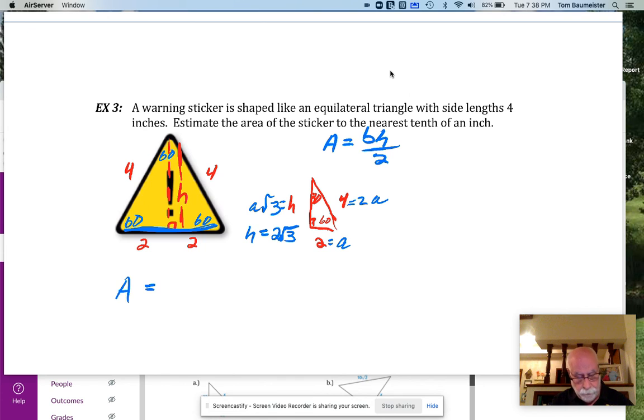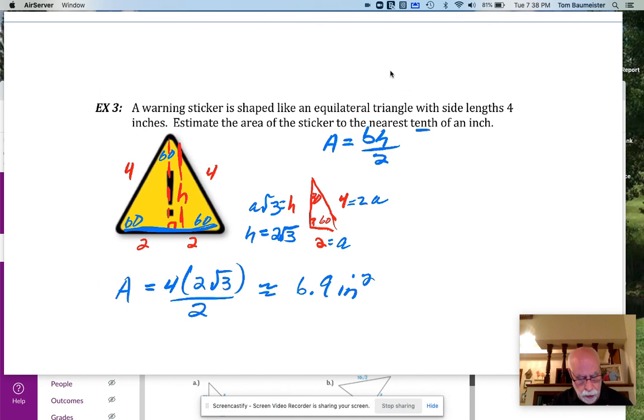So our area of our triangle is base, which is 4, times the height, which is 2 times the square root of 3, and that is going to be divided by 2. If you think about it, you can just plug all of that into your calculator like that. They told us to round it to the nearest tenth of an inch. If you plug it into your calculator, you should get 6.9, and that will be inches squared.